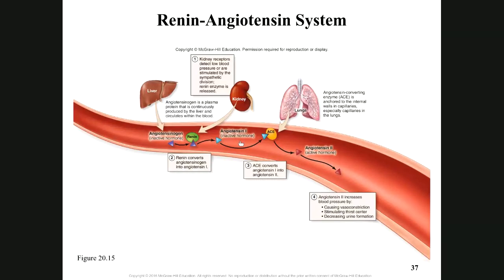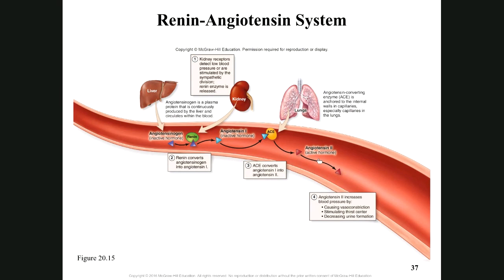Angiotensin 1 is affected by one enzyme from our lung. This enzyme is called angiotensin converting enzyme, or ACE. ACE works on angiotensin 1 and changes it to angiotensin 2. And angiotensin 2 is the active hormone.